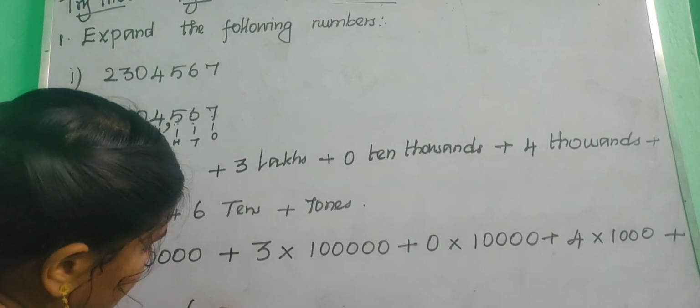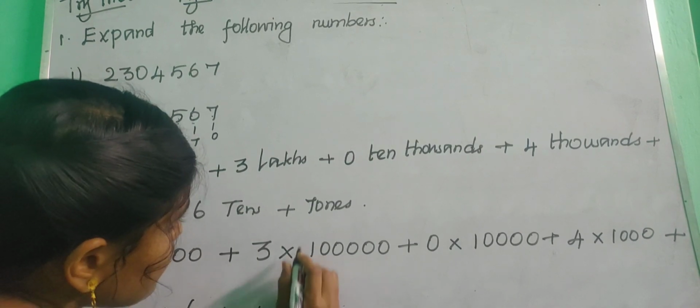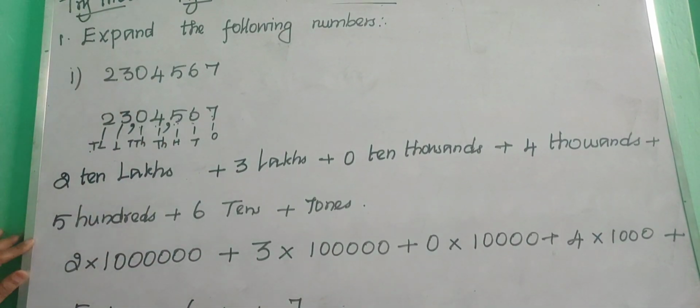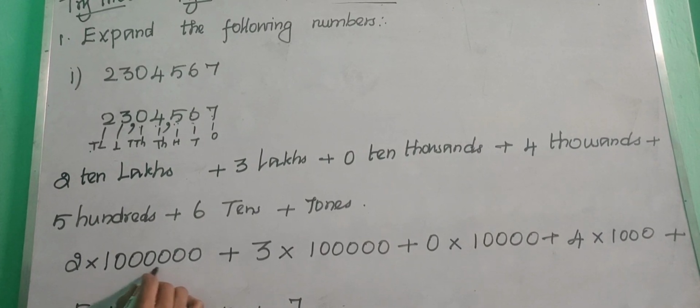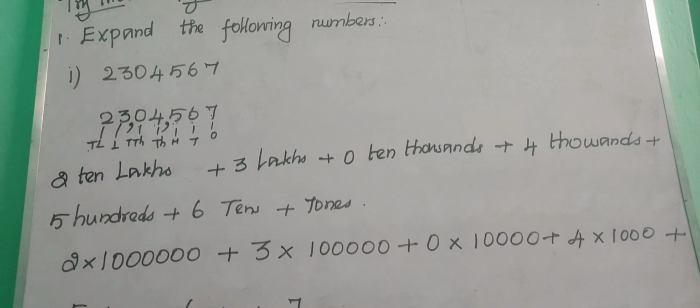We know 6 tens means 6 into 10, plus 7 into 1. So what is the answer? How can we write it? The answer is 2 into 10,00,000, 1, 2, 3, 4, 5, 6. No need to insert comma.